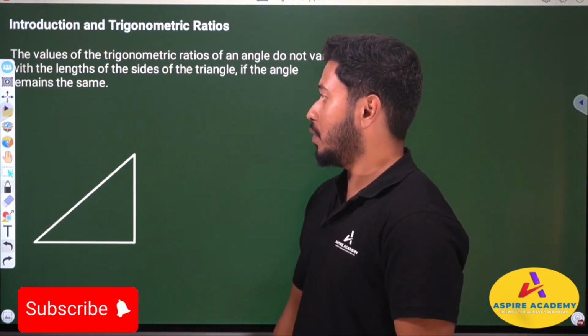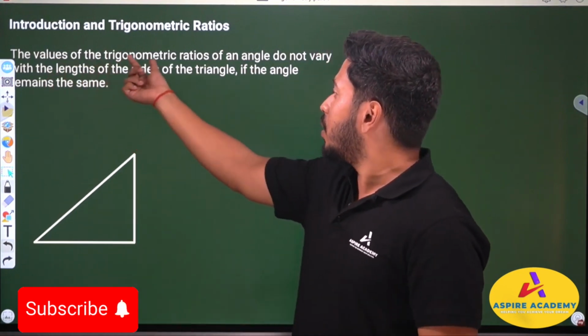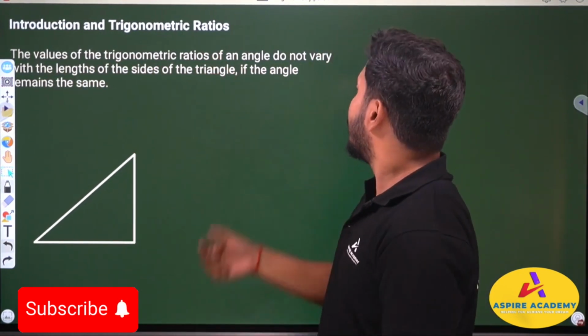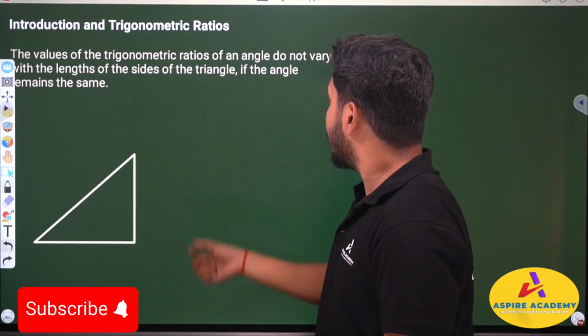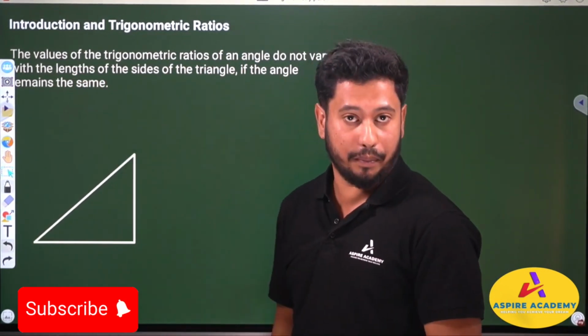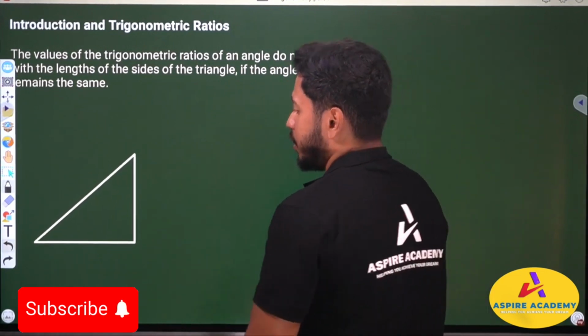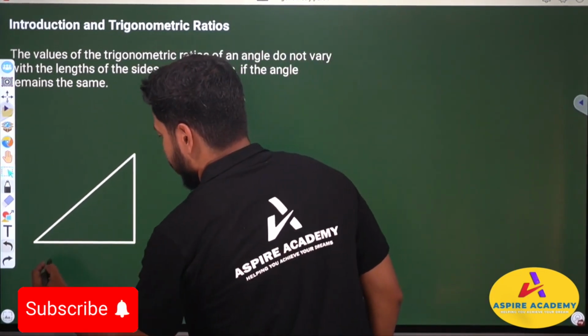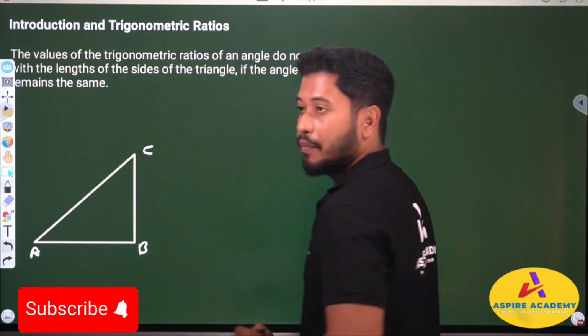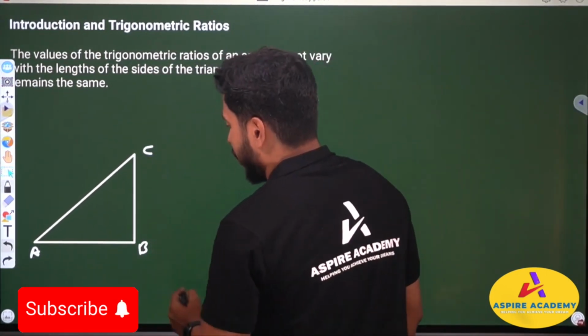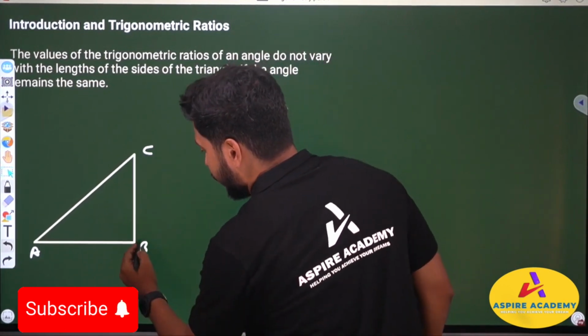One more thing: the value of a trigonometric ratio of an angle does not vary with the length of the sides of the triangle, if the angle remains the same. The meaning of this line is, suppose this is a triangle A, B and C, right?